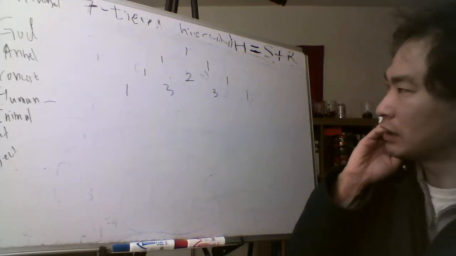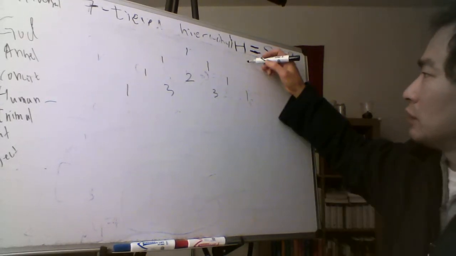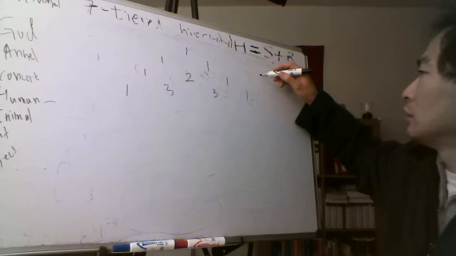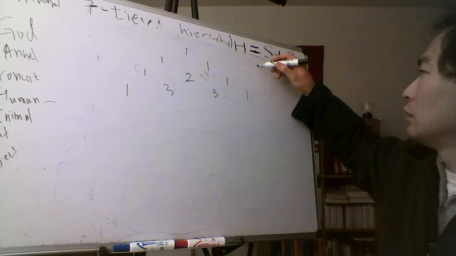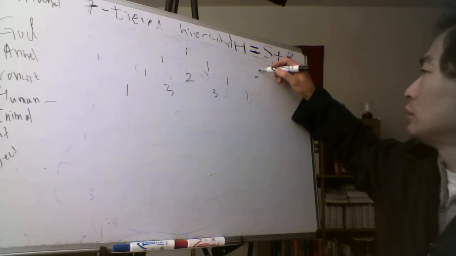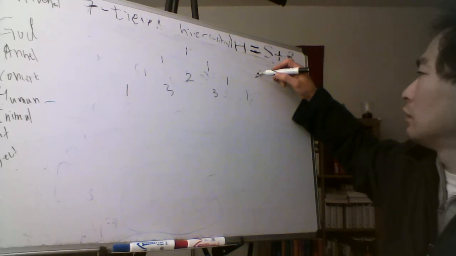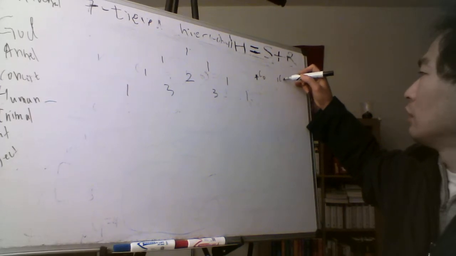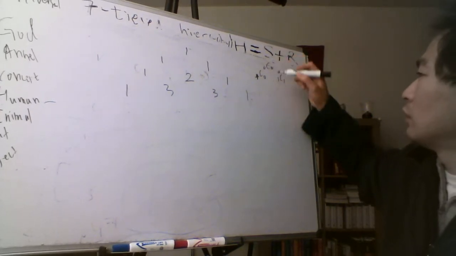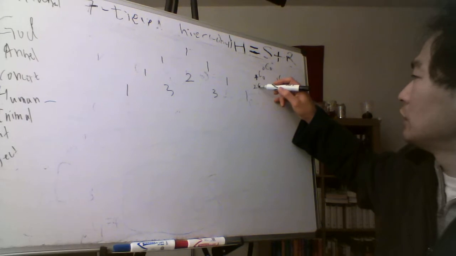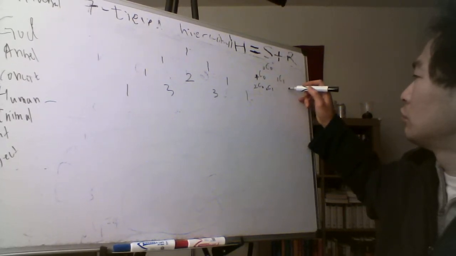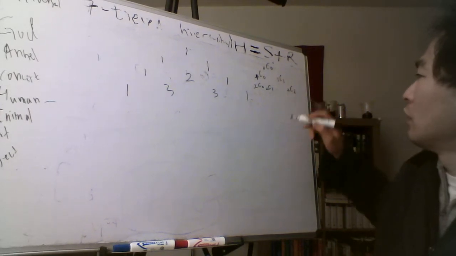So that's Pascal's triangle. What is this? a plus b. I think it's this: 0C0, then 1C0, 1C1. Now you have 2C0, 2C1, then 2C2.